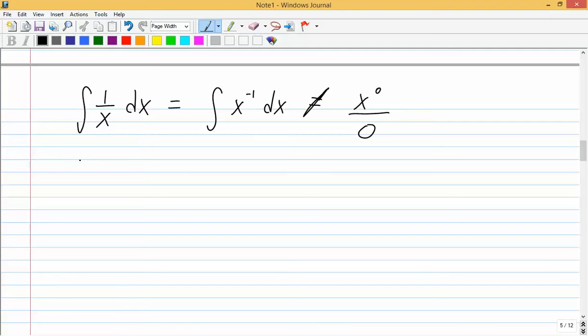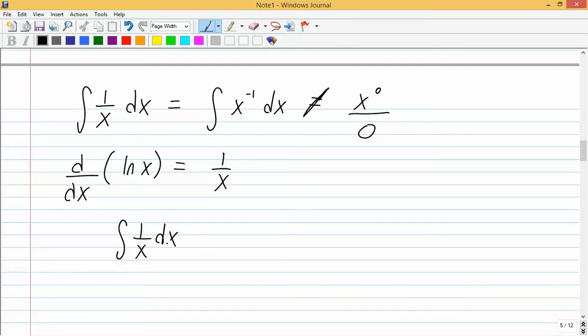Alright, but we just learned that the derivative of the natural log of x equals 1 over x. And so if you know what the derivative of something is equal to, then the integral of that something has to be equal to what you started with.